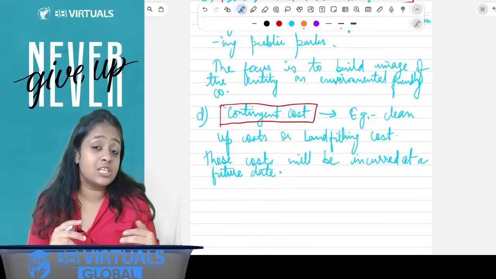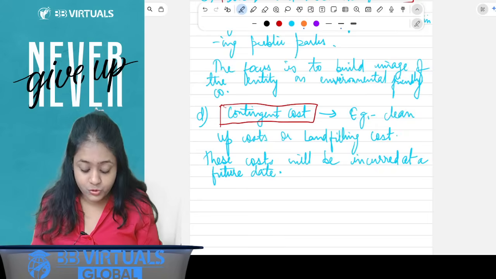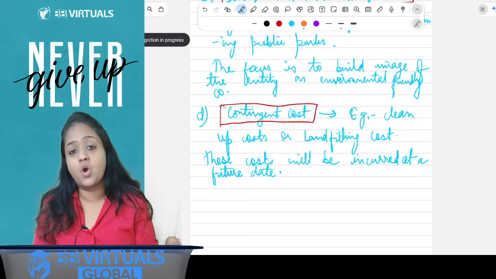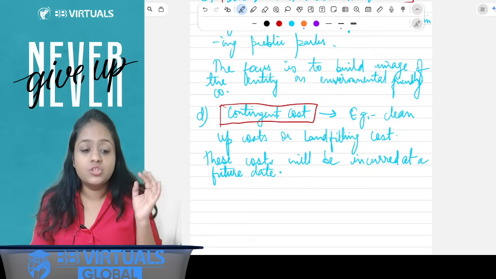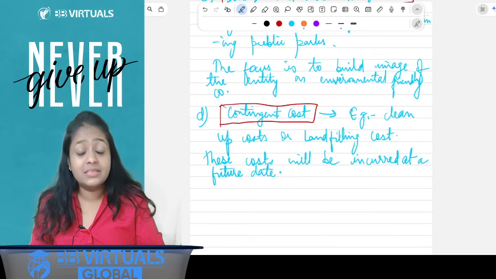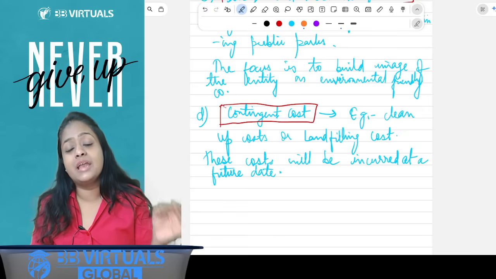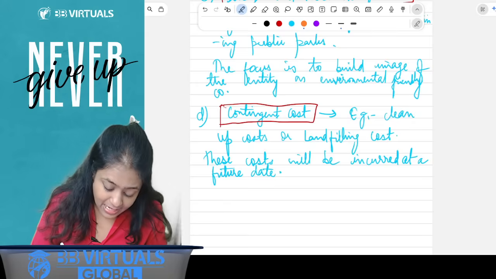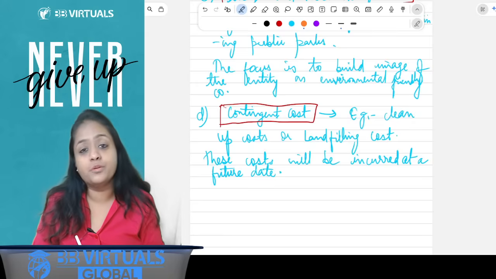These are costs that we think will take place in the future, but depend upon the happening or non-happening of a lot of events. These costs are going to be incurred at a future date only, like decommissioning cost, landfill cost and cleanup cost.